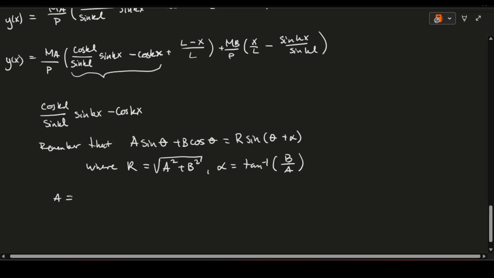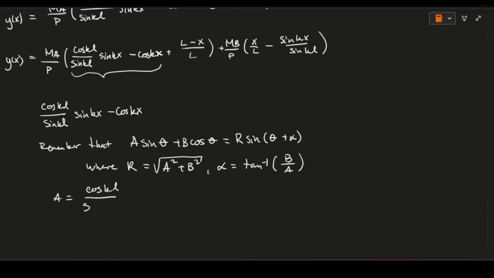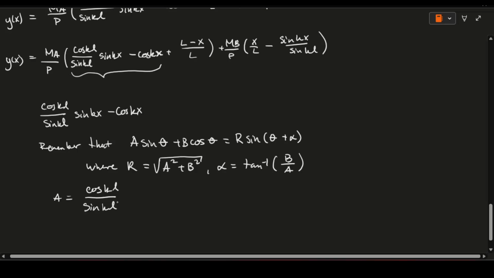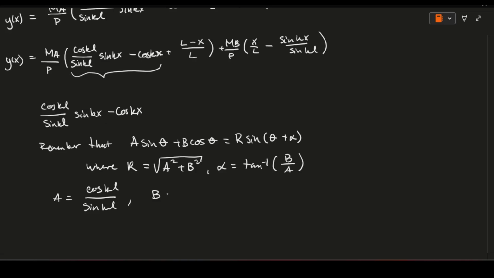So a in our case is cosine KL divided by sine KL, and b is equal to minus 1.